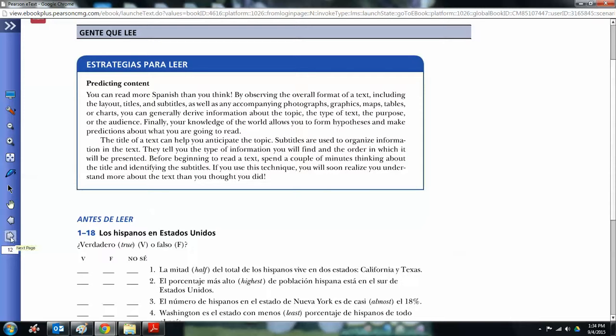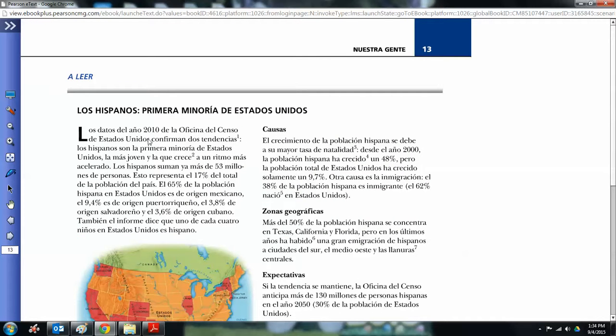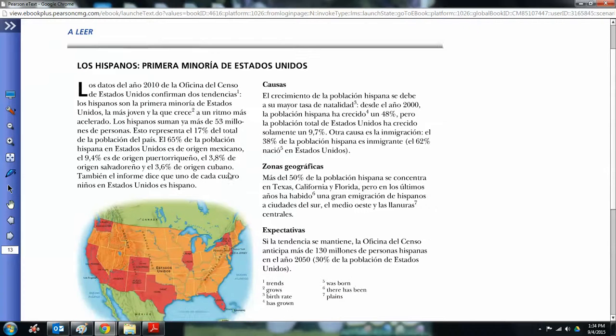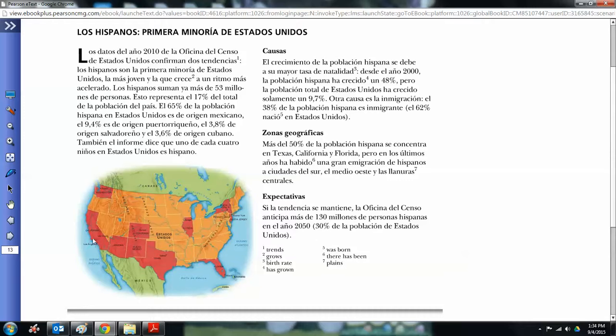So if we flip over to the next page that we're going to read, Los Hispanos, Primera Minoría de Estados Unidos. If we look here, there's a picture of the United States, and you'll see that parts of the United States are blocked out in red.